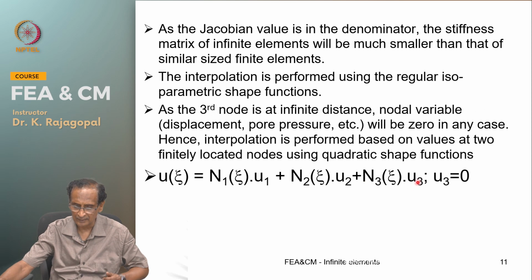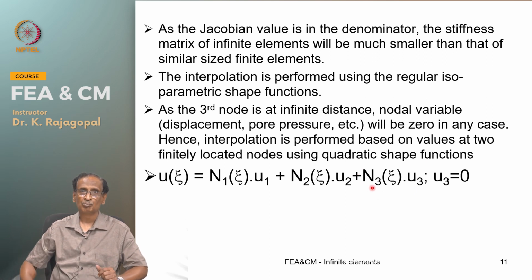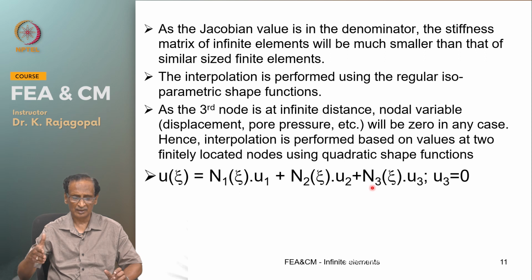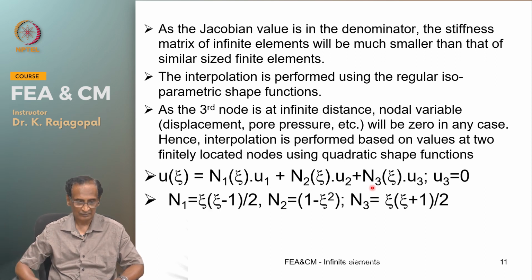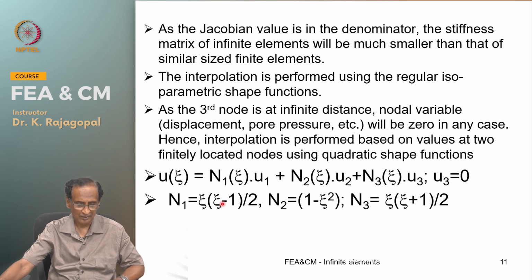In this case, our U3 is 0, so we may not include this in our interpolation. The reason is that U3 is anyway 0. Our N1 is xi times (xi minus 1) by 2, N2 is 1 minus xi square, and N3 is xi times (xi plus 1) by 2.